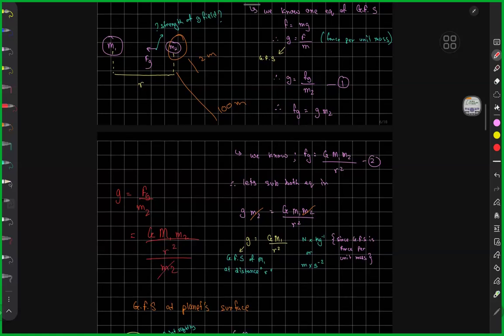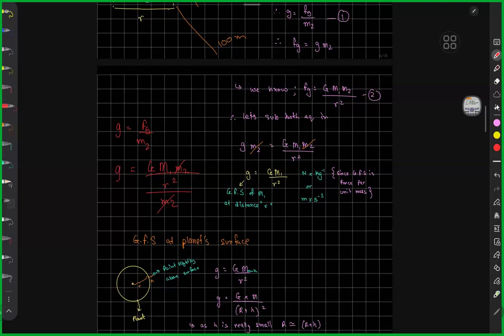Can I cancel off the m2? Yes. So basically what we're saying is on 1 kg of object, whenever you're canceling out the masses over here, you are making it independent of how heavy the object is. It doesn't matter anymore because the masses are being cancelled, right?